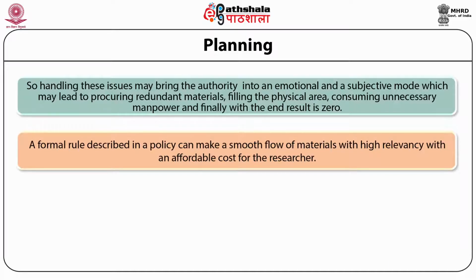Because these days, we all, library and information science professionals, are seriously under threat, a continuous threat of finance crunch and budget cuts. So that's why a formal policy can help us in buying suitable materials, suitable collections for the library.